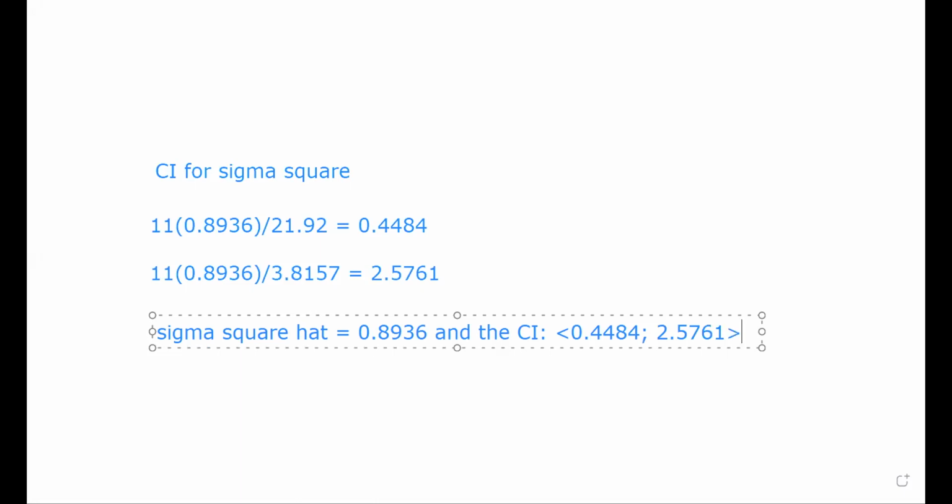Okay, this means we have good estimators because the value of chi-square is between these values.